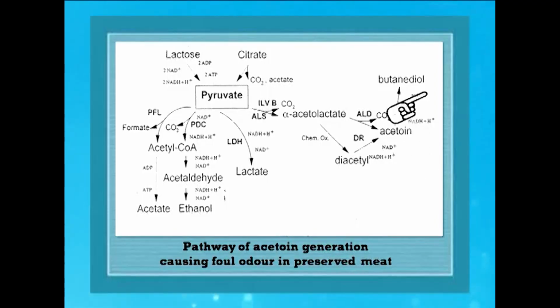And this acetoin or butanediol production in the meat is making it not only unfavorable for consumption but also toxic for consumption. And sometimes the fermentation can be bad enough to generate organic acid like acetic acid, imparting sour taste, and also ethanol, which is also not maintaining the food taste. So foul odor definitely can be easily understood.